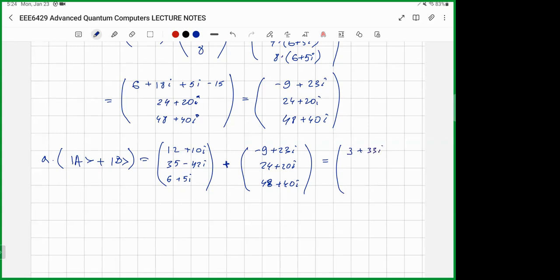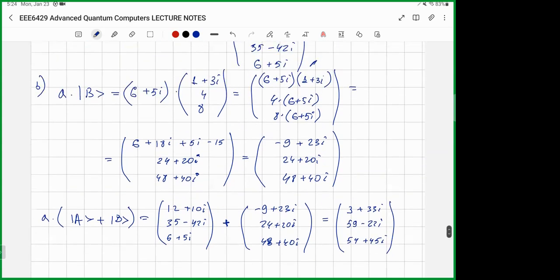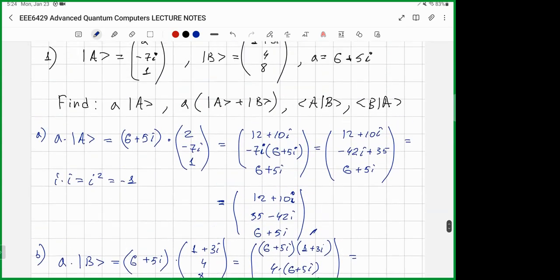This is the first component. The second one is 35 plus 24 equals 59 minus 22i. And the last one, 54 plus 45i. So this is the result for part B.